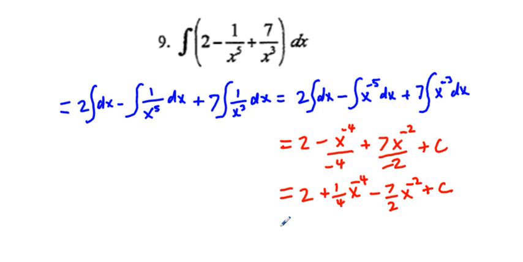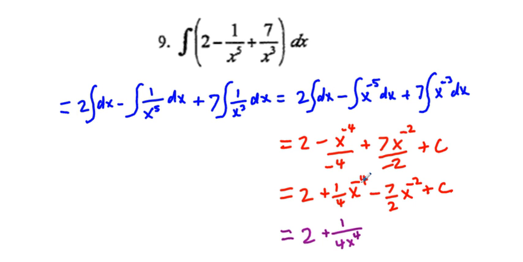And to change this one more time so there are no negative exponents remaining, we're going to say 2 plus 1 over 4x to the 4th.